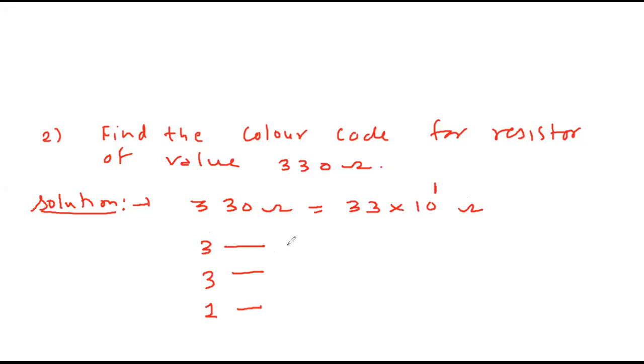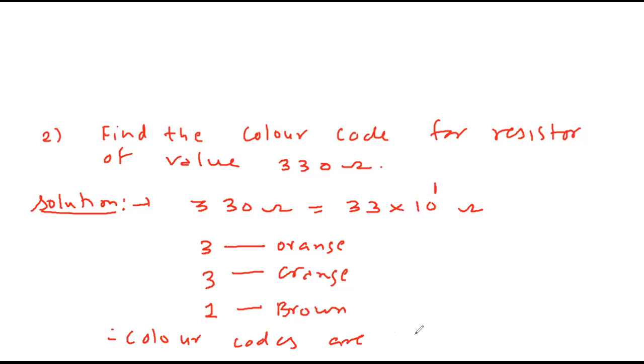331. 3 stands for which color? Orange. And 1 stands for brown. So color codes are orange. Second band is also orange.